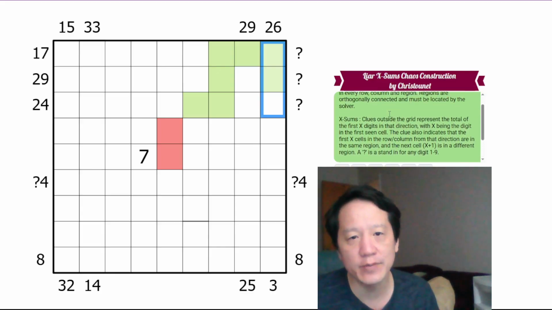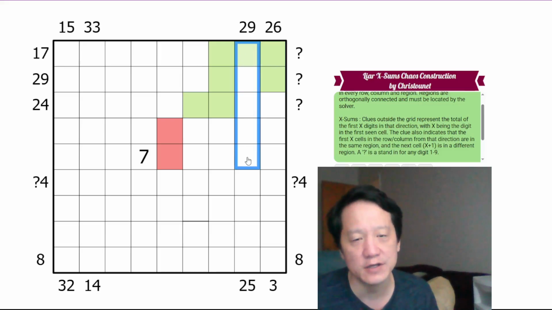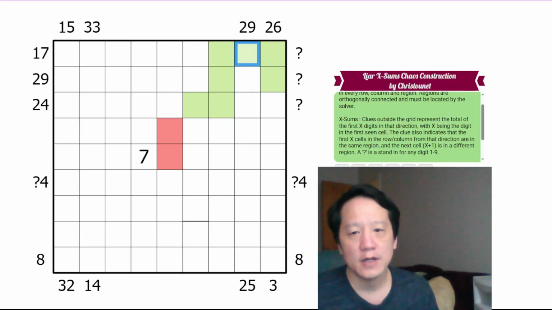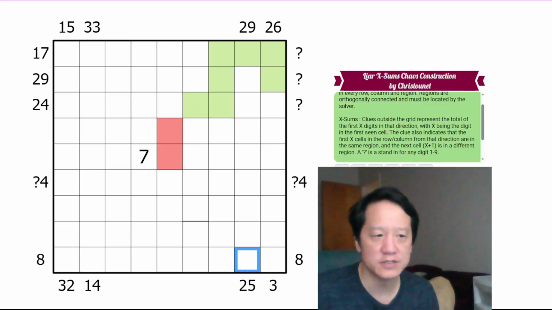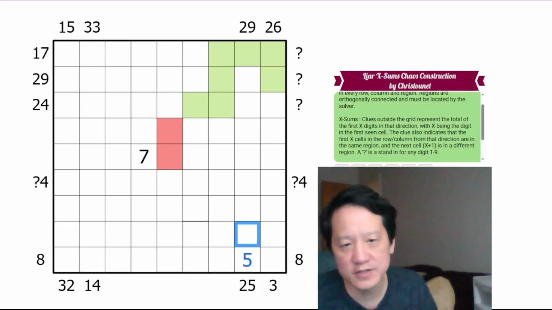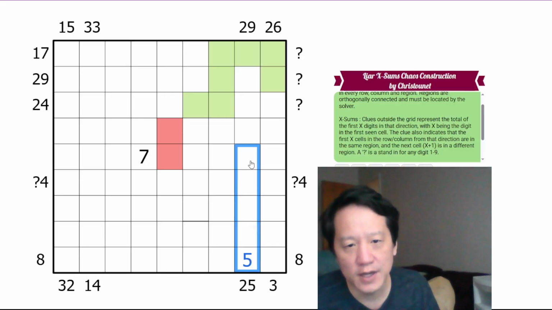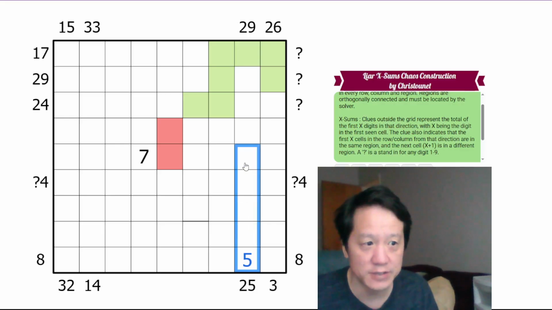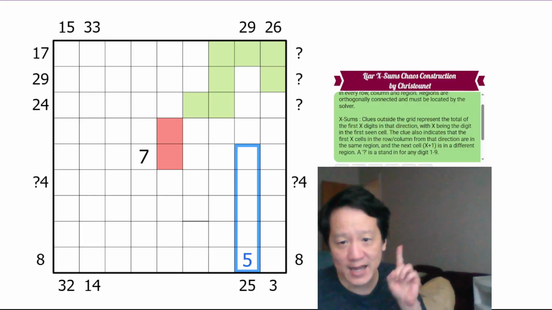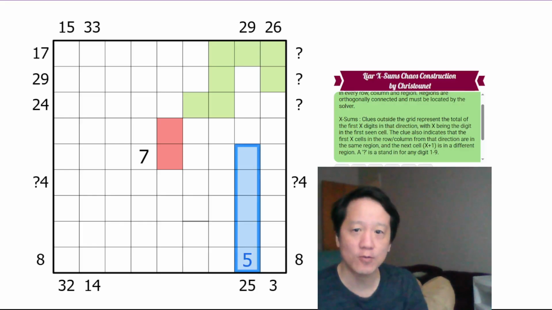Okay, so that means, for example, if this clue was valid, and say it was, well, let's use 25. Say this root clue was valid, and it was 5 in size, then you'd have the first 5 digits seen in this direction must add up to 25, and they are in the same region.